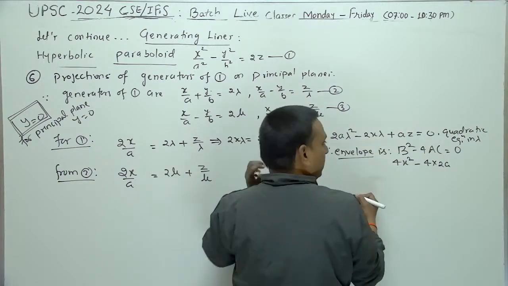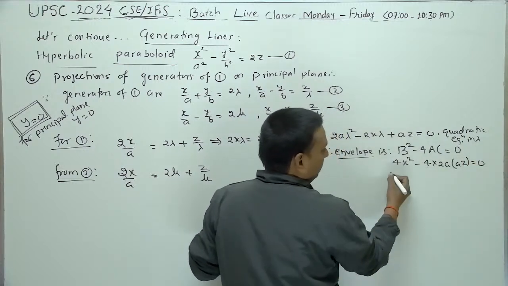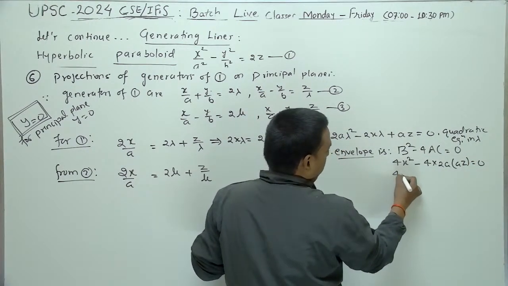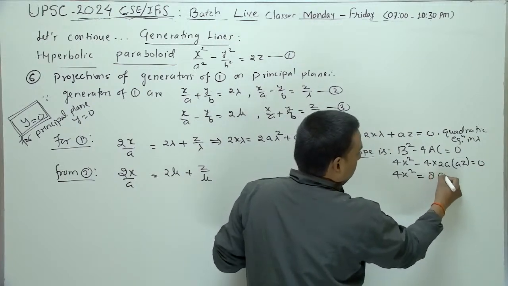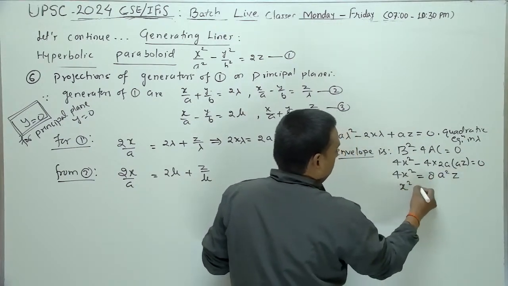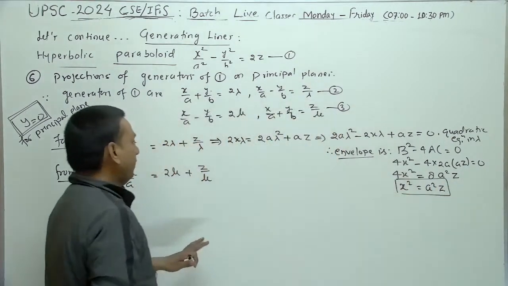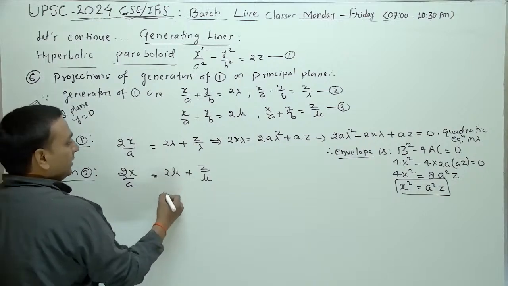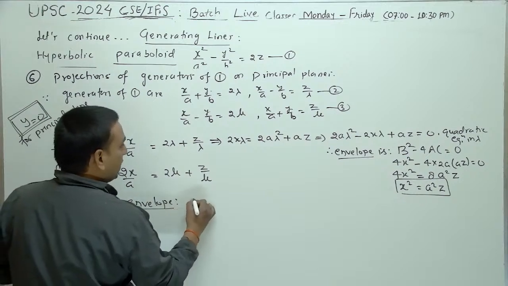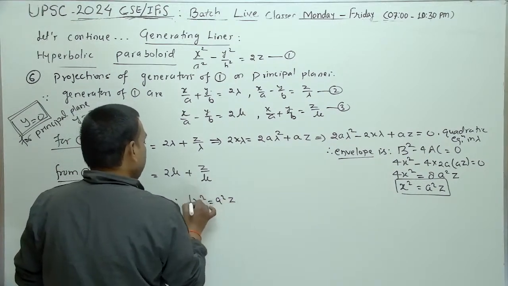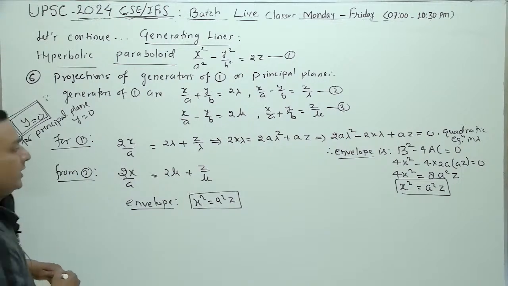From here, if you observe, c is az, that goes to 0. So this simply implies 4x square equals 8a square z. So x square equals a square z. If I come here, I will get the same envelope here as well. If you want to cross check, you can observe x square equals az. A square in 2 went.